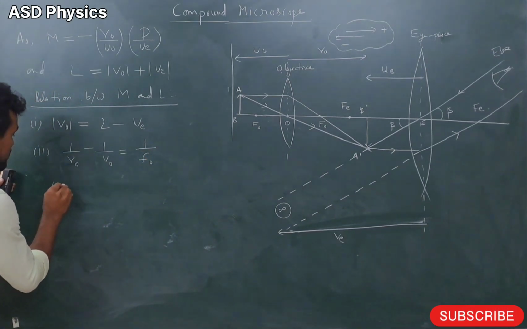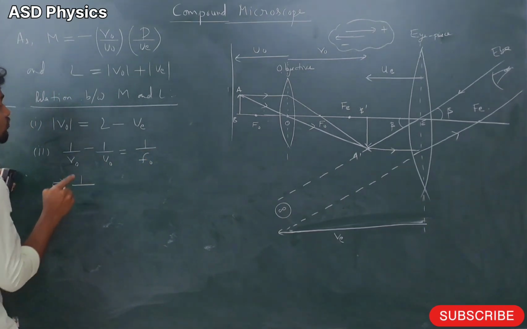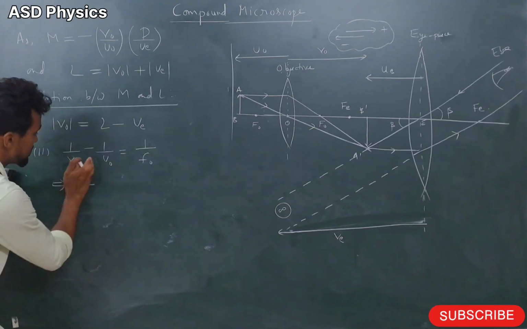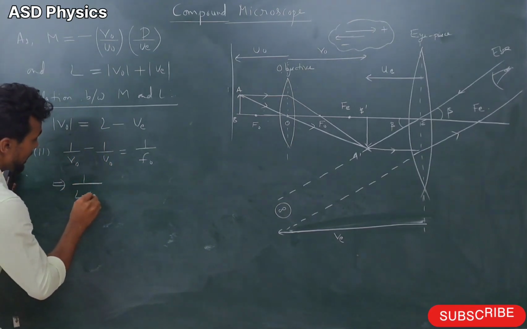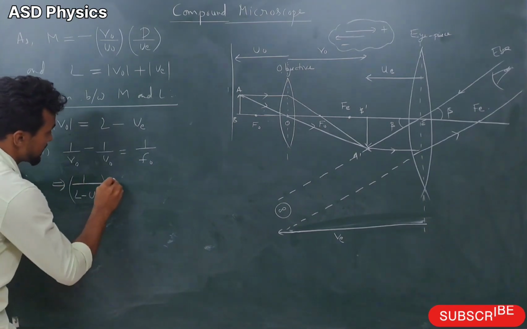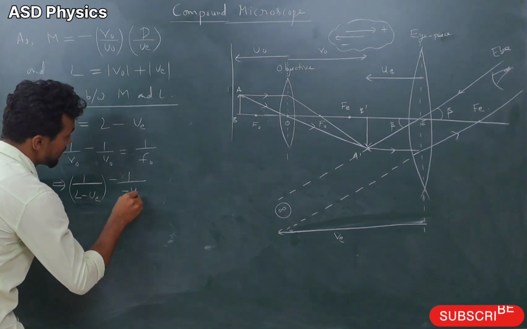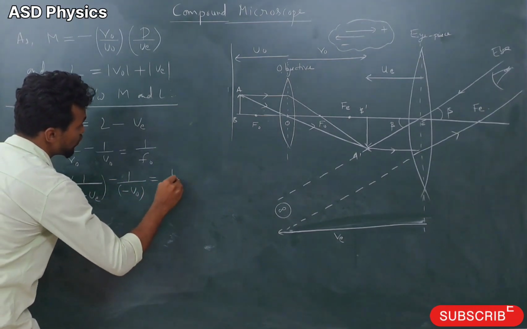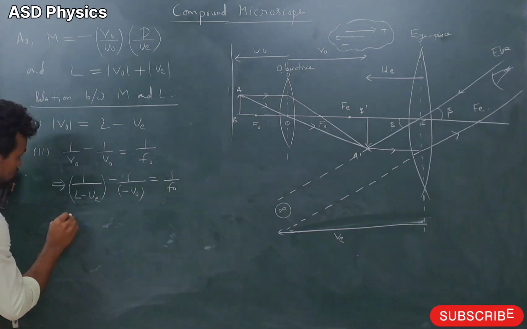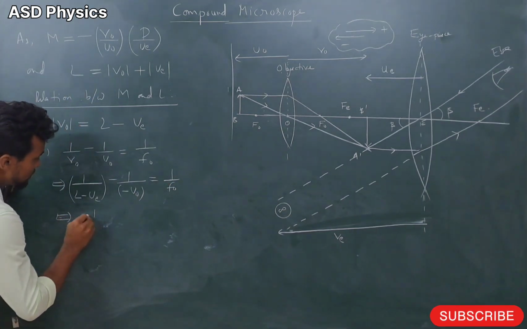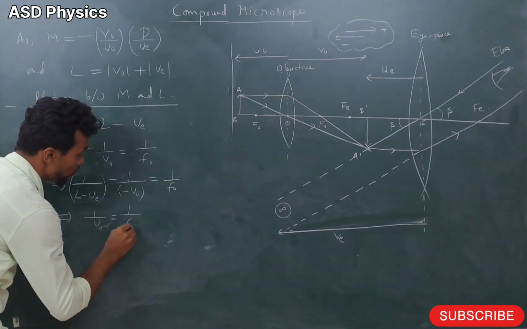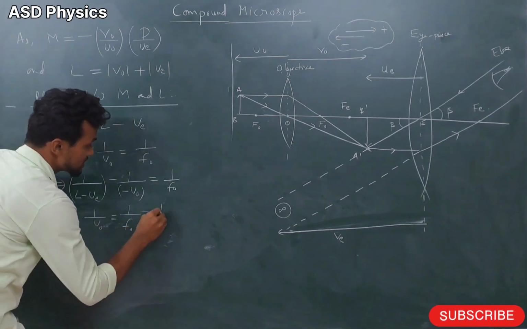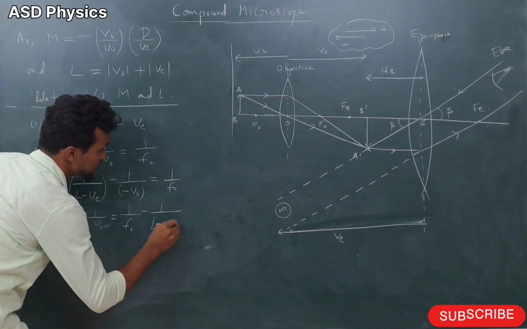Now I'll put the values. 1 by V naught, V naught is L minus UE, and here minus 1 by minus U naught is equal to 1 by F naught. So 1 by U naught value is coming as 1 by F naught minus 1 by L minus UE.